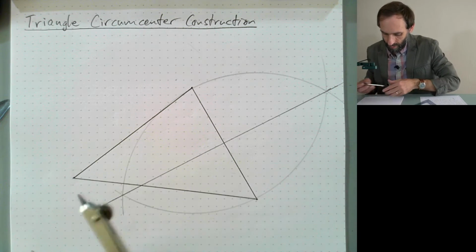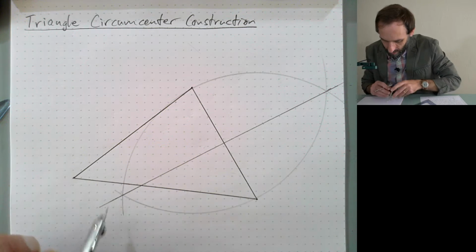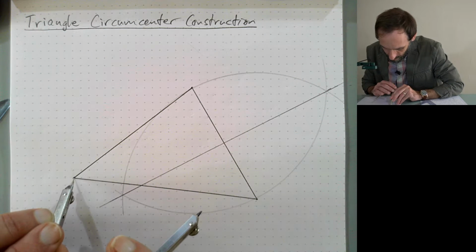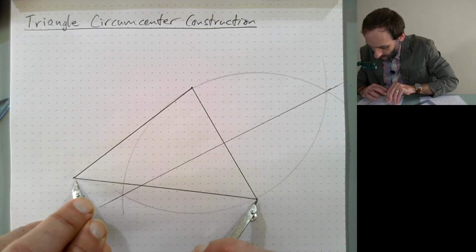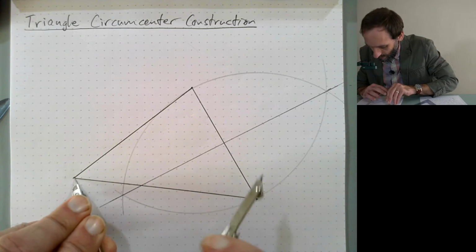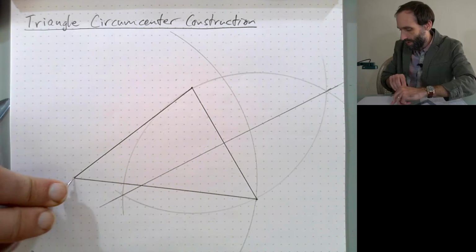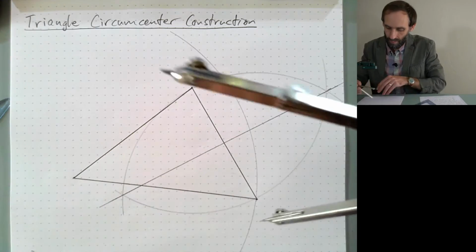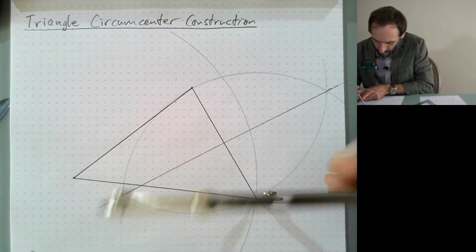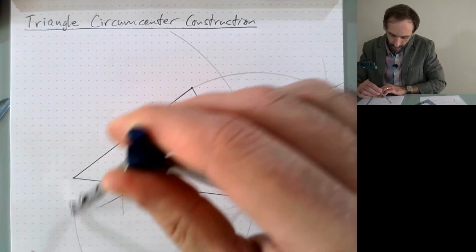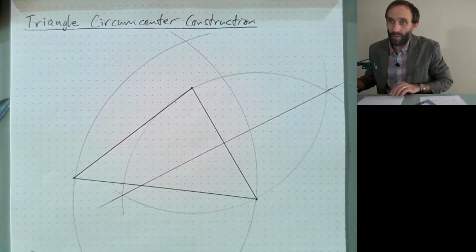Now I'll go ahead and do this side right here. I'll set my compass to be that length. And I'll draw my first arc here. I'll draw my other arc.